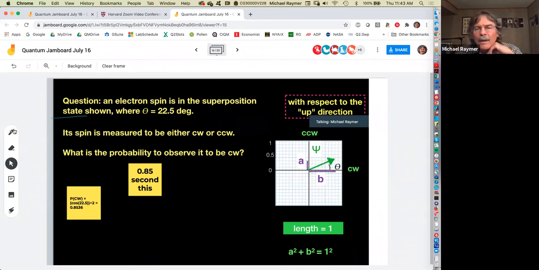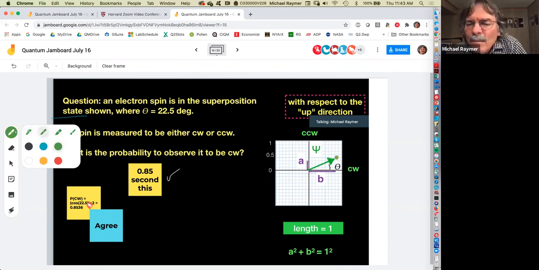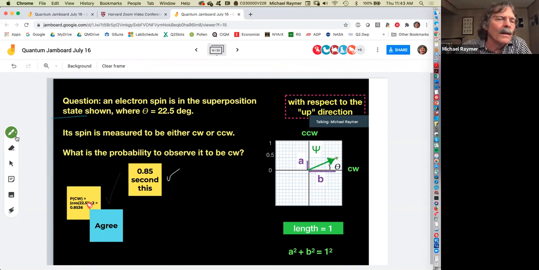You can agree or disagree with answers that are being posted. I'm fixing the arrow a little bit. But I think you're all on the right track anyway.